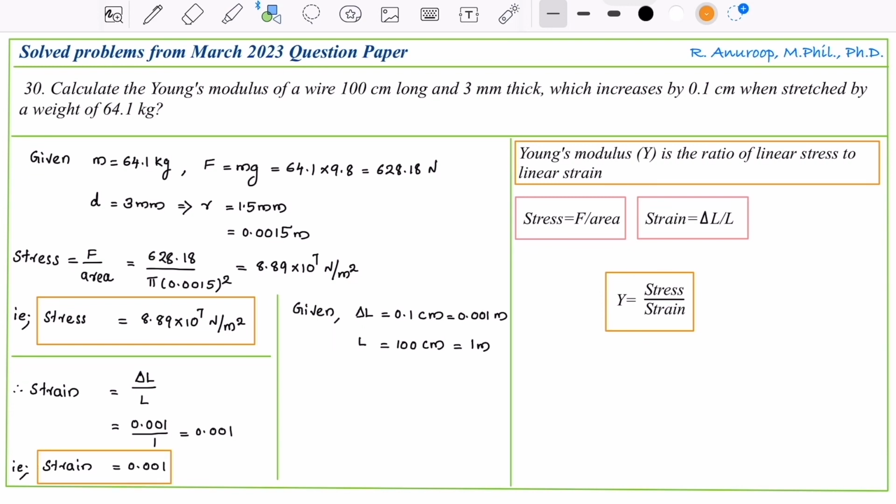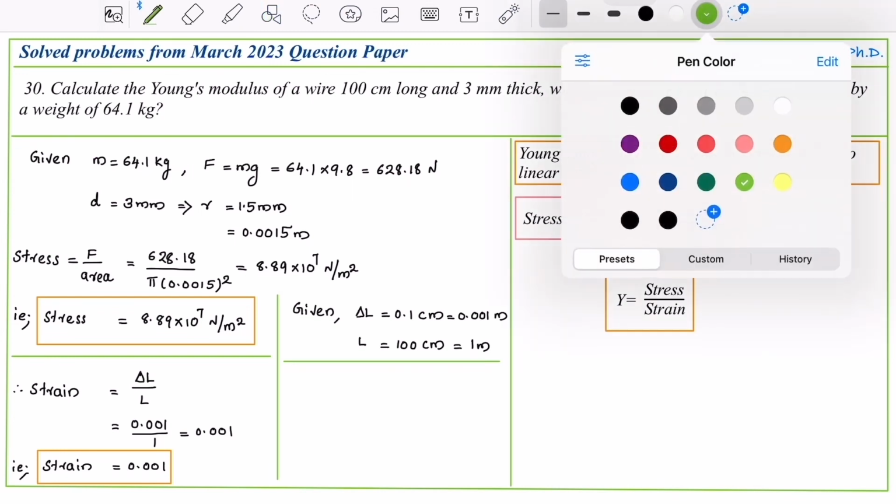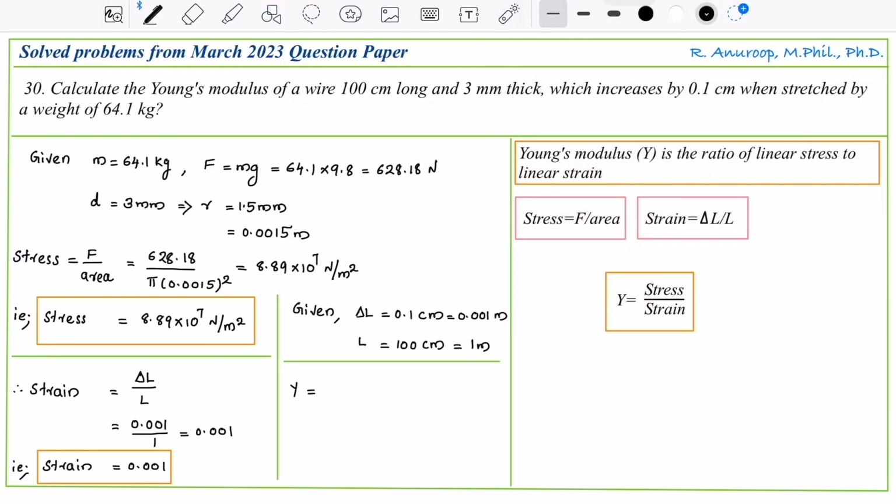The Young's modulus Y is equal to stress divided by strain, that is equal to 8.89 into 10 raised to 7 divided by 0.001, and this is equal to 8.89 into 10 raised to 10 Newton per meter square.